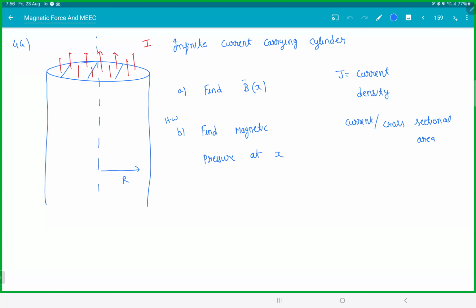Same idea. Take a loop inside and outside, apply Ampere's law and finish it off.